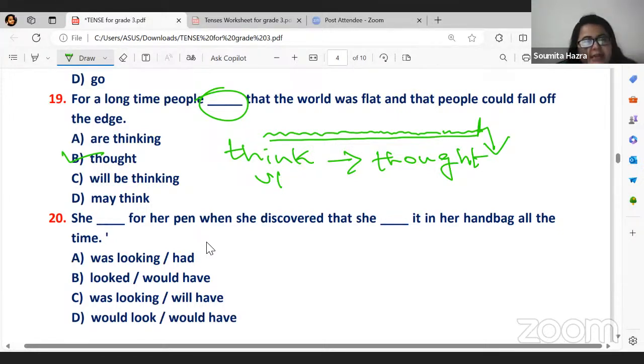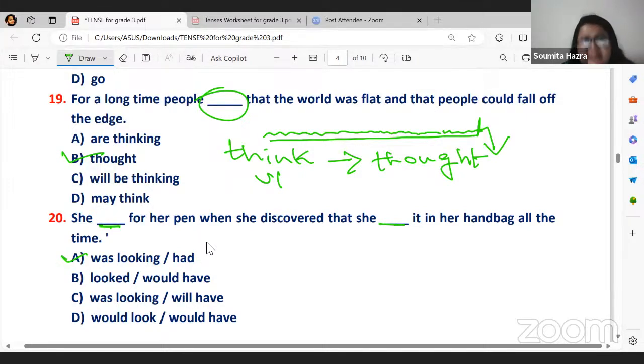20A, right? There are two blanks. You need to find out which option best suits both the blanks. Otherwise, you will be in a hurry, find that this one is correct for the first one and put a tick. But afterwards, you will find that the second blank doesn't go with the option you have chosen.